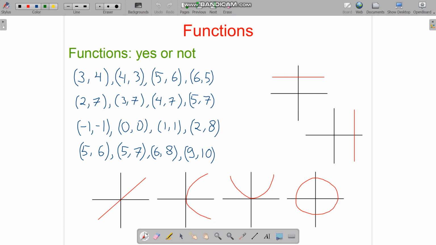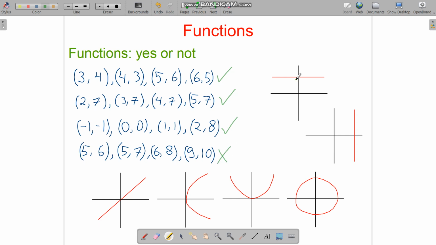So for example, here we have, just look at the x values 3, 4, 5, 6, no repetition, so yes, it is a function. 2, 3, 4, 5 also a function, -1, 0, 1, 2 also a function, 5, 5, you see we have repetitions in the x value, so this is not a function.